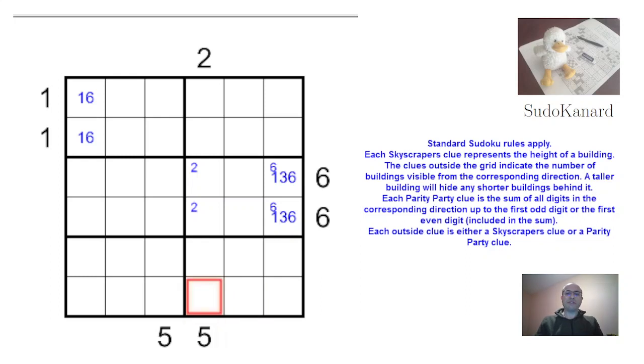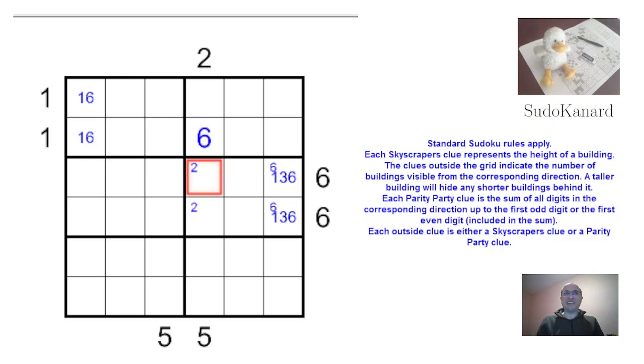If this 5 is a skyscraper clue, then it means that we have 5 buildings that are visible, and 6 can't be here. Well, 6 can't be in those cells, and 6 can't be in this cell because of the 2. So 6 will have to be here, and all digits here will be seen, but it's not possible because 2 here can't be seen.